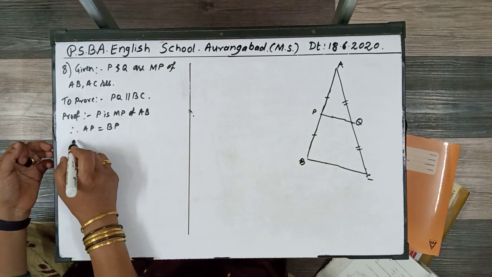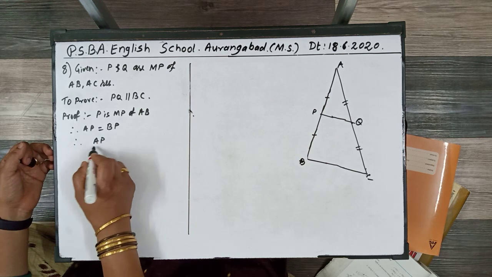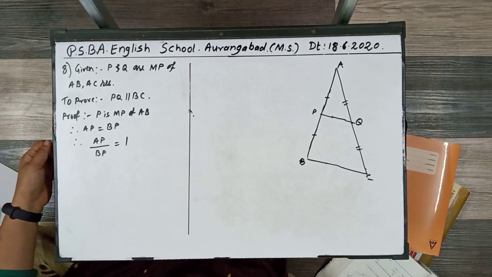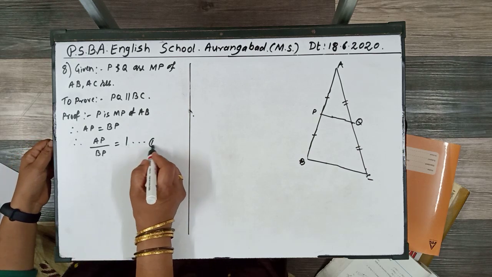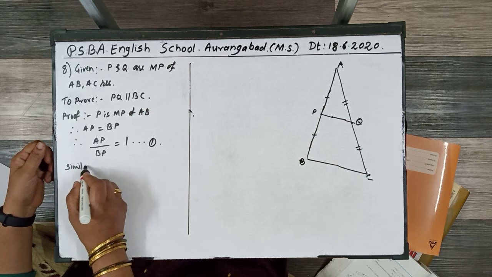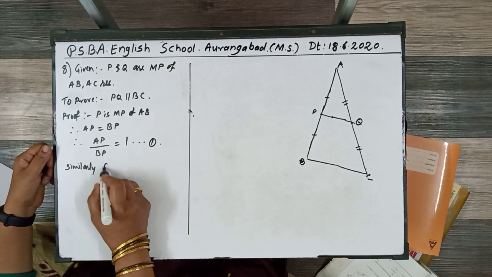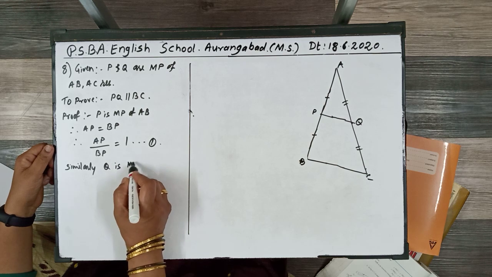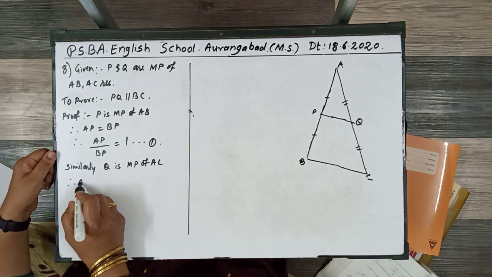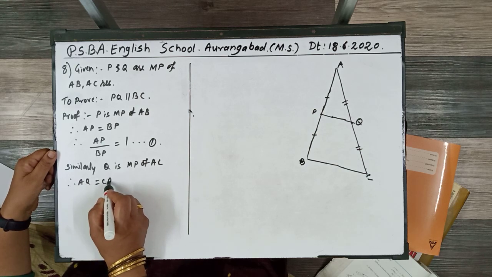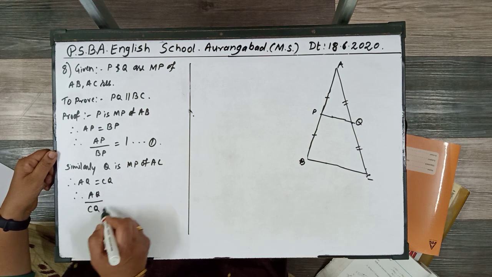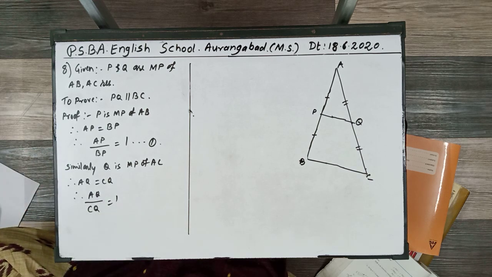Correct? Therefore AP upon BP is equal to 1. Statement number 1. Similarly, Q is the midpoint of AC. Therefore AQ is equal to CQ. Therefore AQ upon CQ is equal to 1. Correct?